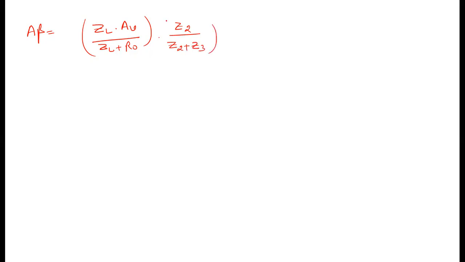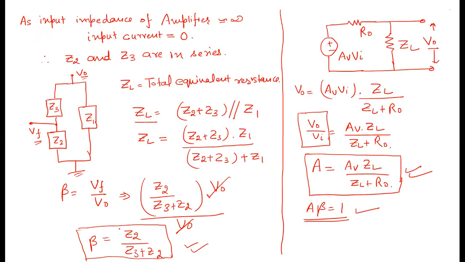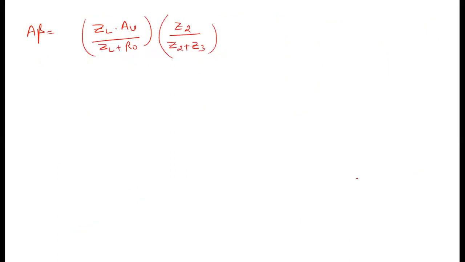So we have A beta is equal to, where A is equal to ZL into AV divided by ZL plus R naught. So this is A, and beta is Z2 divided by Z2 plus Z3. Here we can see that beta is equal to Z2 divided by Z3 plus Z2, and A is equal to AV into ZL divided by ZL plus R naught.